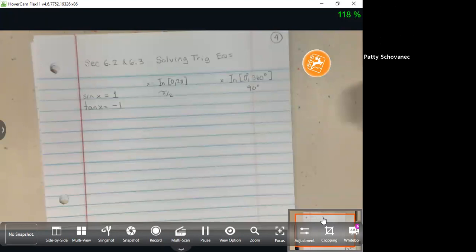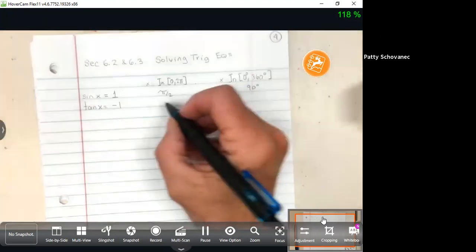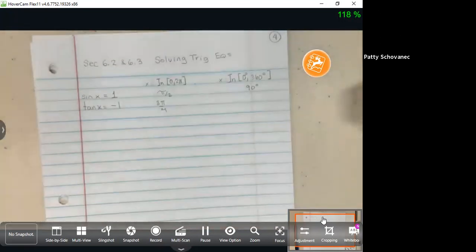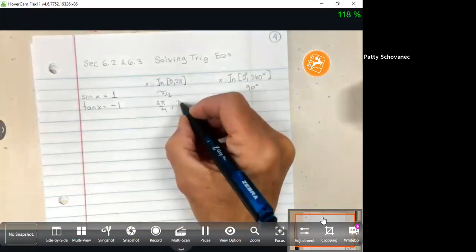So in quadrant 2, the pi over 4 is 3 pi over 4. And in quadrant 4, it's 7 pi over 4, because I'm treating 2 pi as 8 pi over 4. So back up 1 pi over 4, and you're at 7 pi over 4.